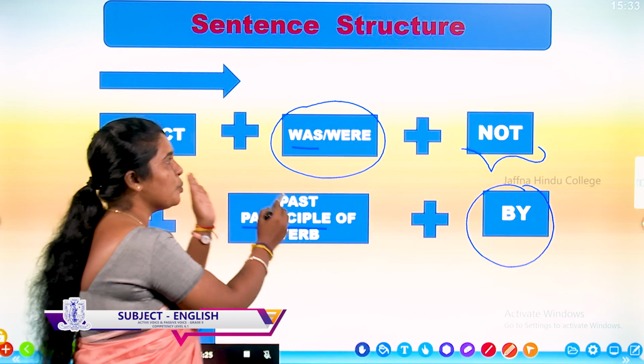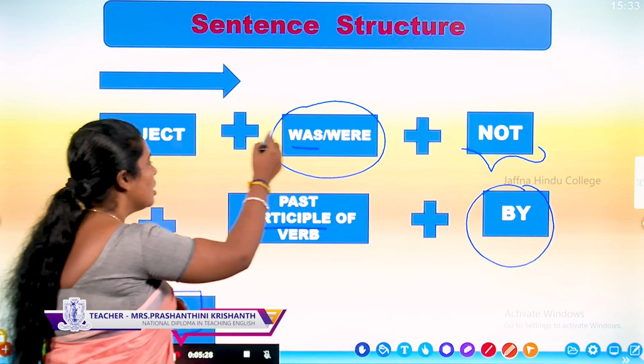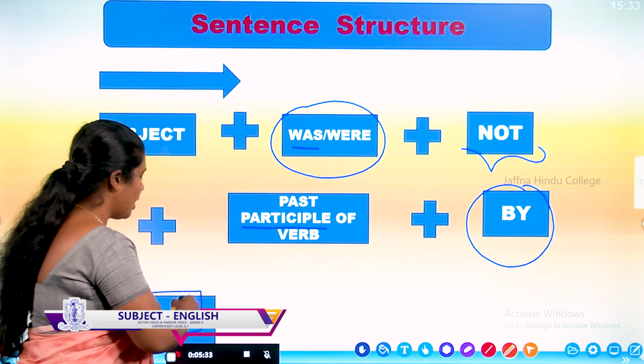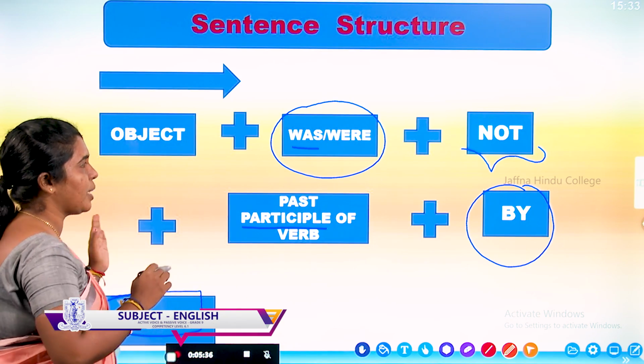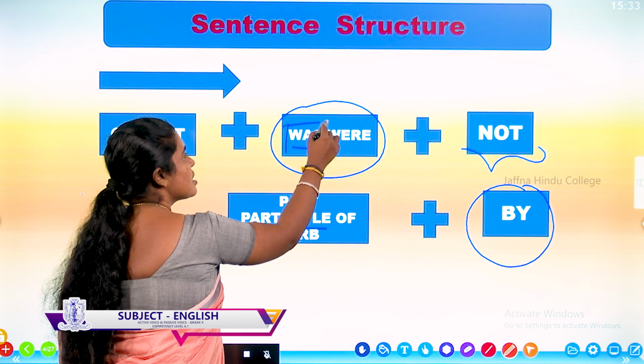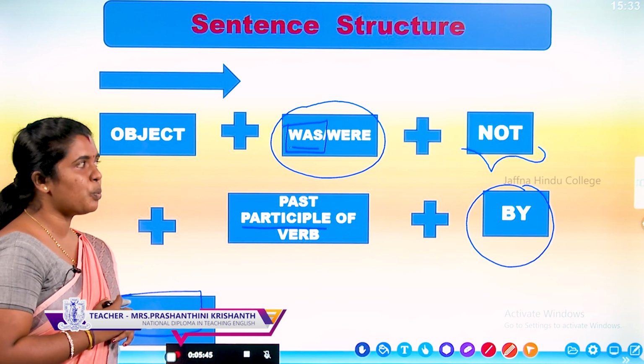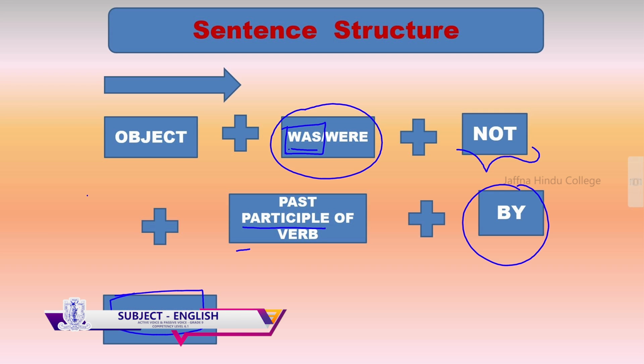Object will come, then was or were, then not, then the past participle form of the verb, and by, finally the doer. So this is the structure. In which instances can we use was, right? I, he, she, it, okay? And singular nouns. For the singular nouns, we can use was.